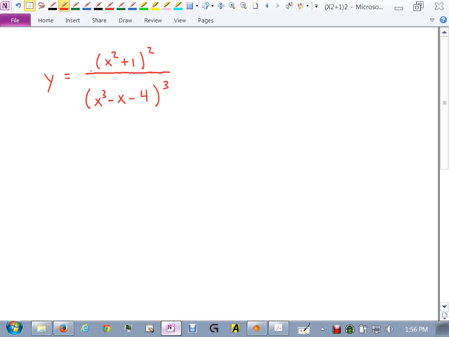That's a rational function, a polynomial divided by a polynomial. I would like to find the derivative, please.